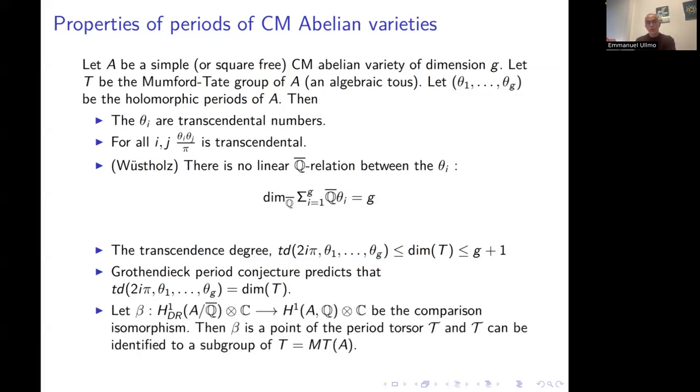Well, in this game, to understand the holomorphic periods, or all the periods, you have to use the comparison isomorphism between H1 de Rham and H1 Betti once you extend the scalars to C. This isomorphism is a point of a period torsor, and this period torsor can be identified with a subgroup of the Mumford-Tate group.